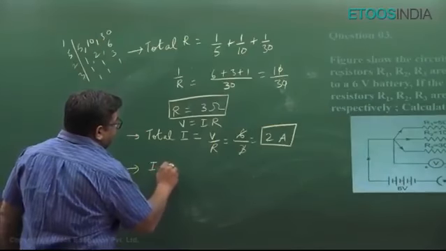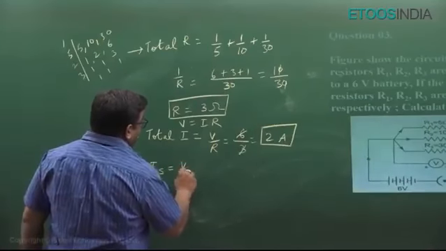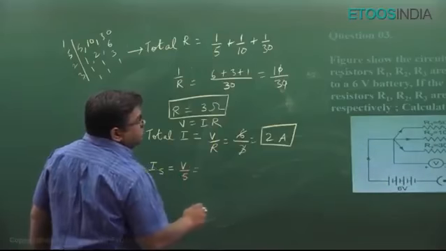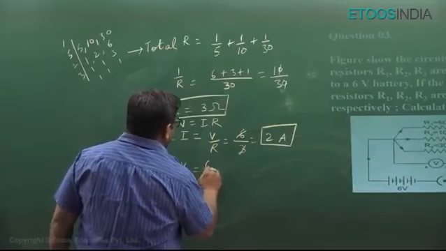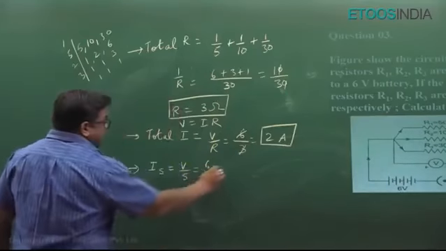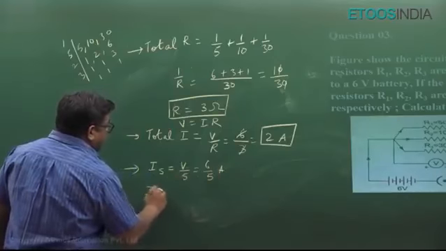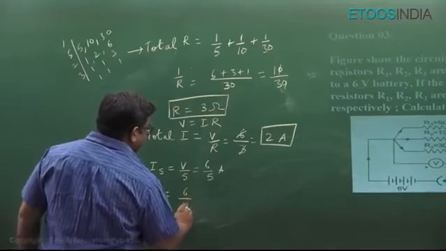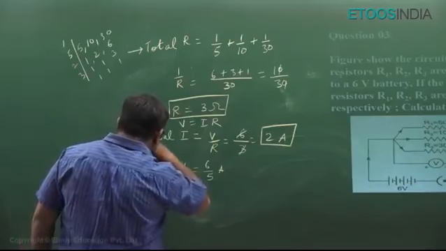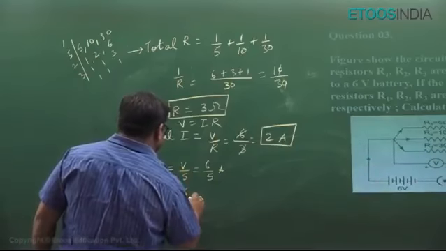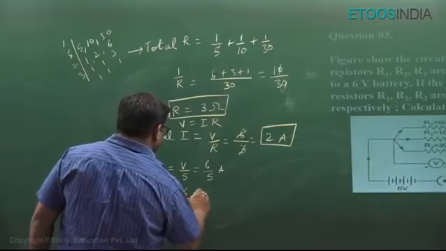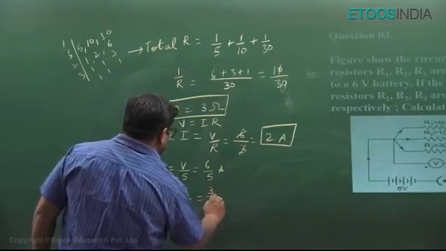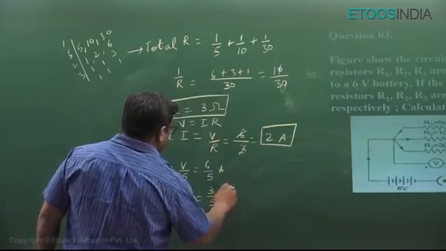I is V upon R. For the 5 ohm resistor, and what is V? It's 6 upon 5 ampere. For I10, it will be 6 upon 10, that is 3 upon 5 ampere.